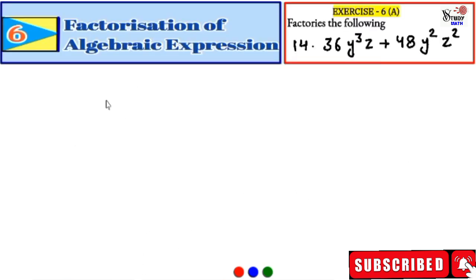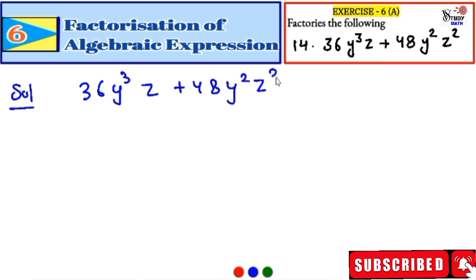Now comes the question number 14. Now apply the direct approach here. 36y to the power 3z plus 48y to the power 2z square. For that you need to have command on tables. If you have very good command on tables, then you can take the common factor very easily from the numerical values, from 36 and 48.